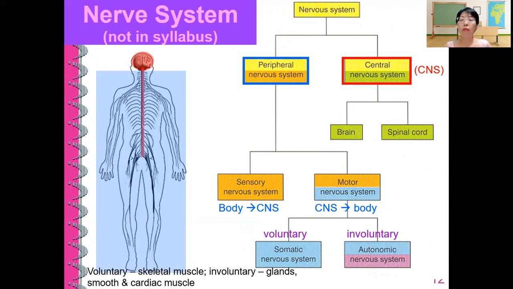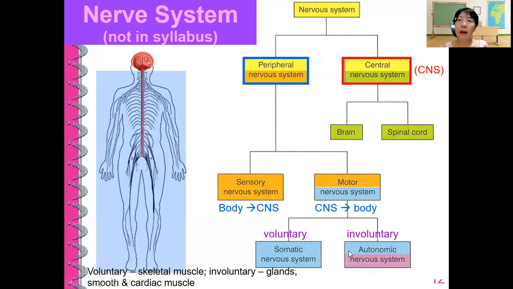All these are voluntary actions. For voluntary actions, your electrical impulses will be sent by the somatic nervous system. Soma stands for body. So it is sent by the somatic nervous system.